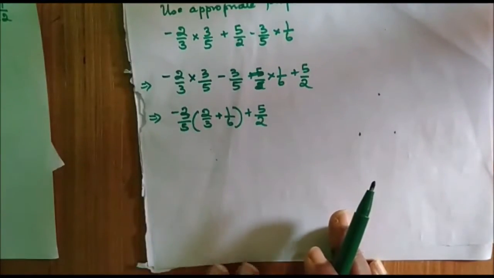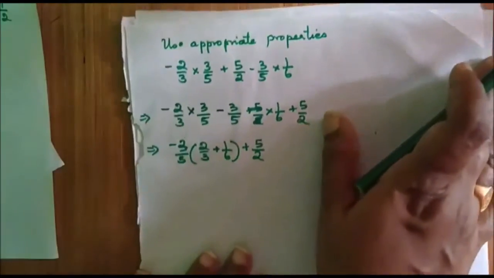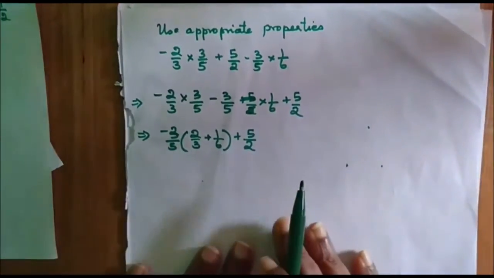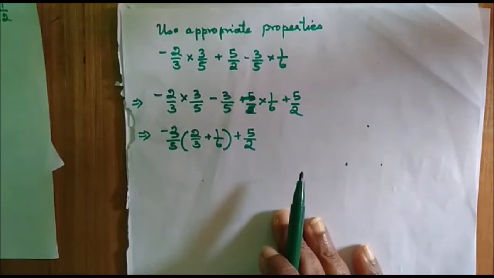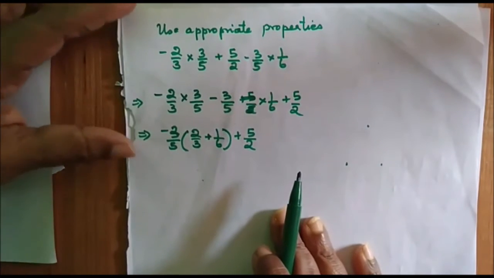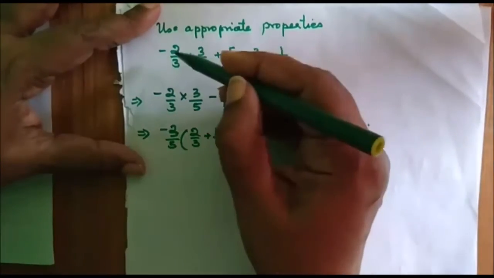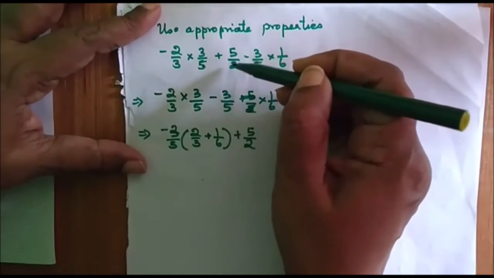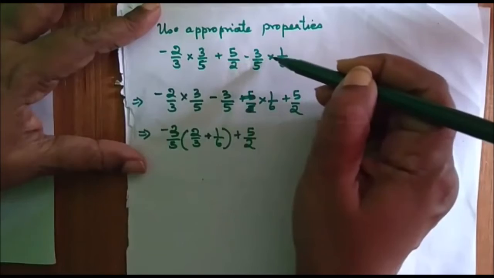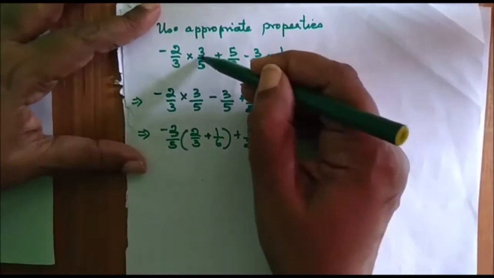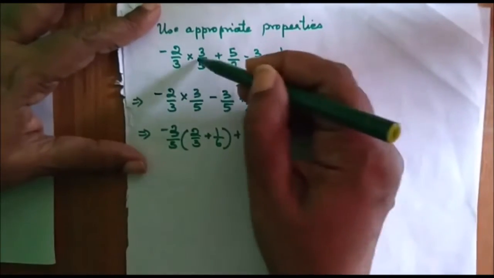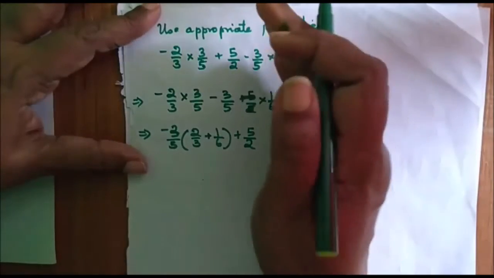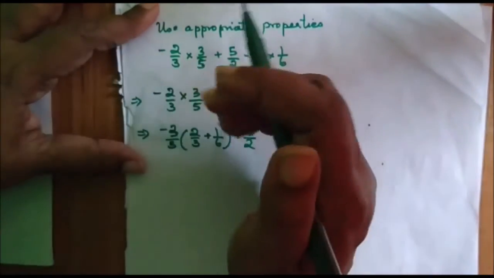Now, using the appropriate properties, that is using the associativity and the distributive properties, you have to solve this problem. That is minus 2 by 3 into 3 by 5 plus 5 by 2 minus 3 by 5 into 1 by 6. So 3 by 5 happens here 2 times. So we can take it out as a common factor.